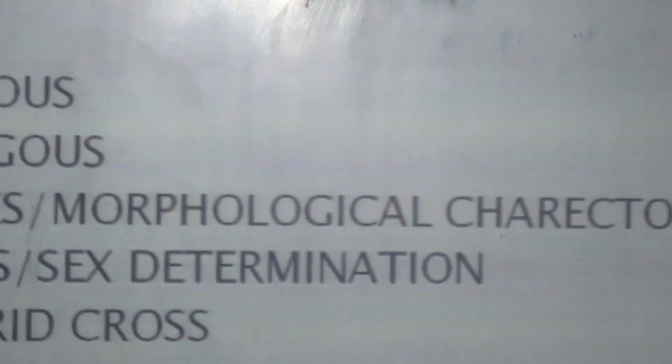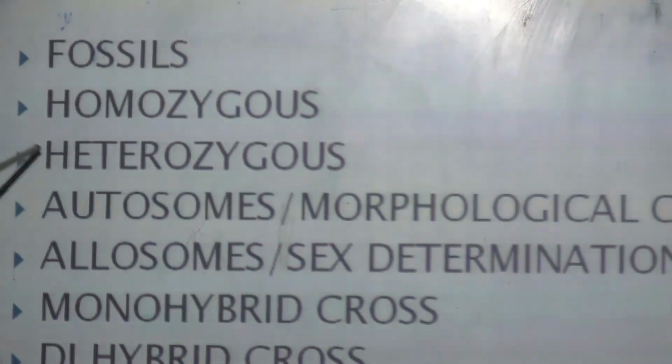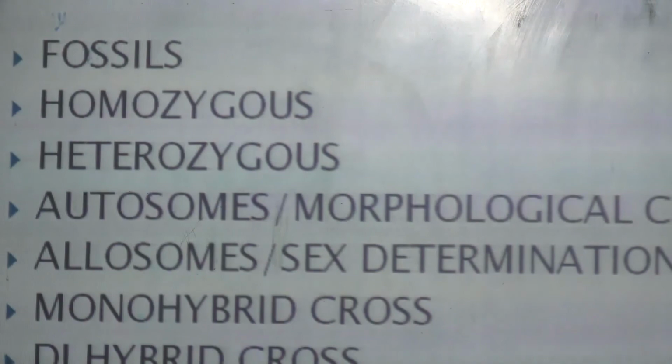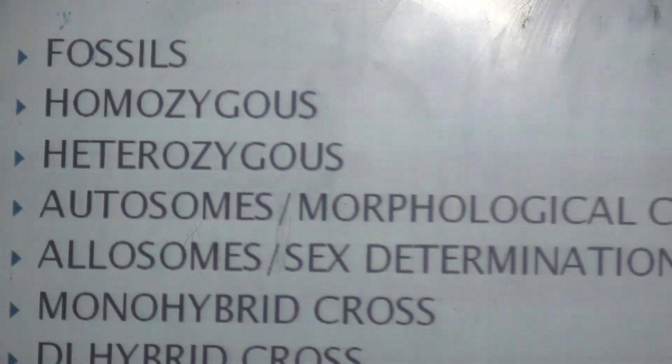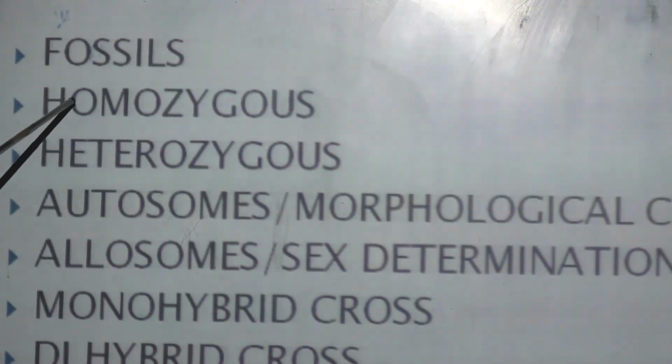Otherwise, so what are fossils? Then what are homozygous and what are heterozygous? Homozygous ante, you please recall the checkerboard. In the checkerboard, if the offspring is bearing the genetical matter capital Y, that is called homozygous. 1 capital Y and 1 small y is there, that is called heterozygous.